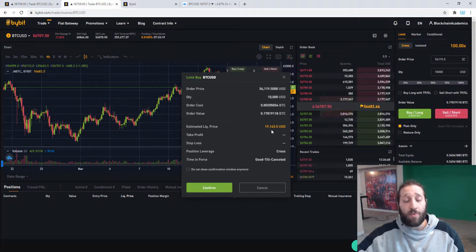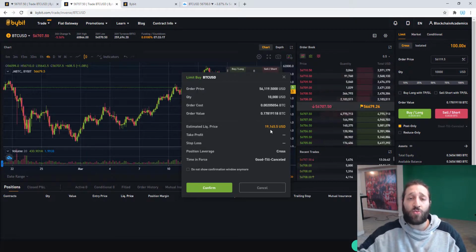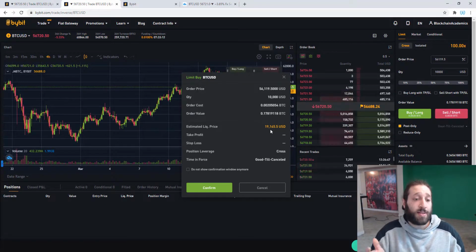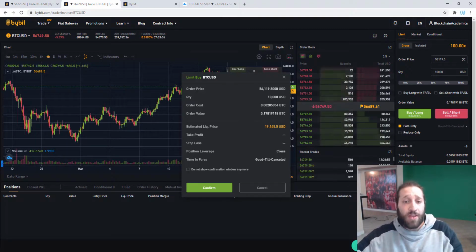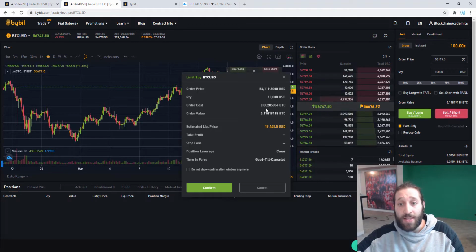So do you see there's a lot more risk associated with it, and just risk in general trading, leverage trading. It's not like alt trading where you're bag holding an alt. You could literally lose your whole balance here. So you can see here this order cost is 0.002. So it's putting me at 100x, and this is the order value. And this is my liquidation. I'll lose the whole thing.